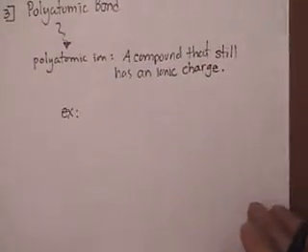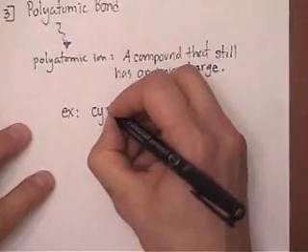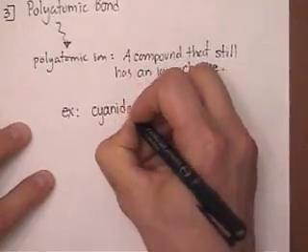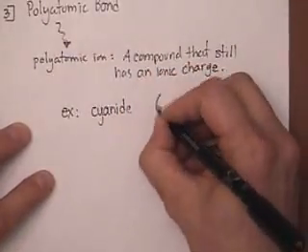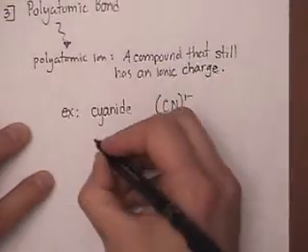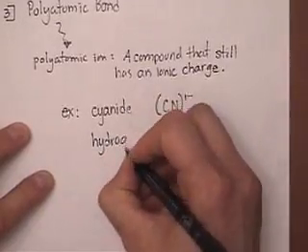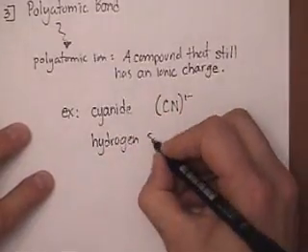For example, on the negative ion side, you might see something called cyanide. Cyanide would be capital C, capital N, 1-. You'd also see something called hydrogen sulfate.